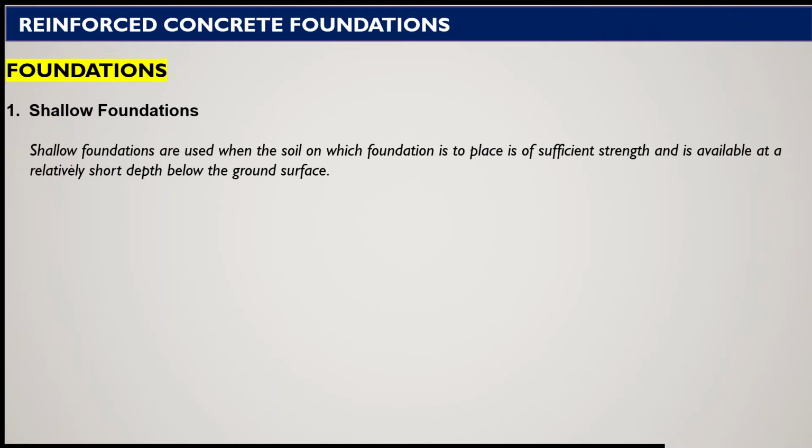Now shallow foundations are generally used when the soil on which the foundation is to be placed is of sufficient strength and is available at a relatively short depth below the ground surface. So that means if soil of good bearing capacity is available at a shallow depth, then the depth of the foundation will be lesser, and that type of foundation is termed a shallow foundation.